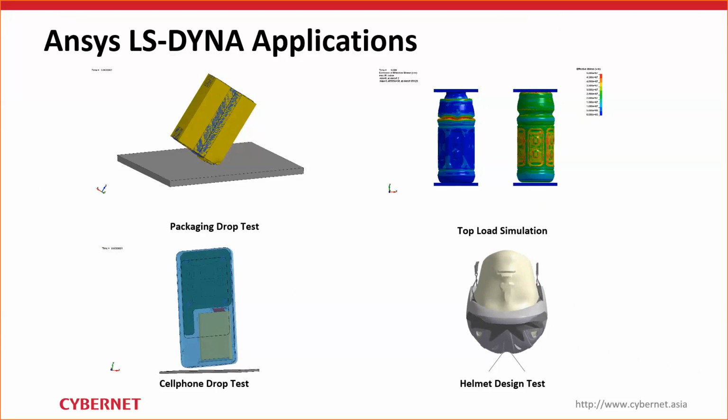So essentially, we would like to simulate the drop during the transportation process, for example, or even something like the cell phone drop test, which is something that has been done quite frequently, I should say, in recent time. So manufacturers are trying to make their product as rugged and as impact-proof as possible, so that the marketability of the products can be improved overall.